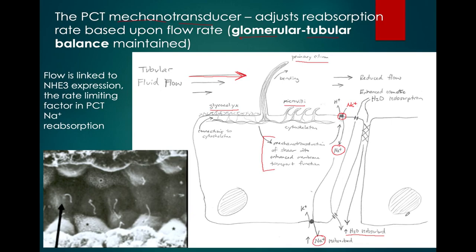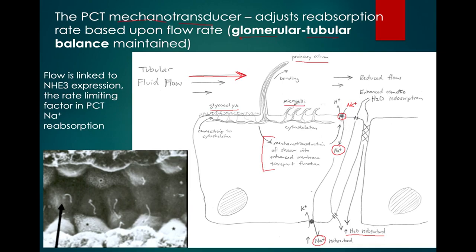So just because GFR went up does not mean we want your urine volume to quadruple for the day, right? If you exercise a lot in one day, your blood pressure elevates during your exercise, which means your GFR could go up. Do you need to excrete more waste just because you're exercising? Nope. Right? And so we want to generate that matching or better matching of GFR to largely tubular reabsorption, right?